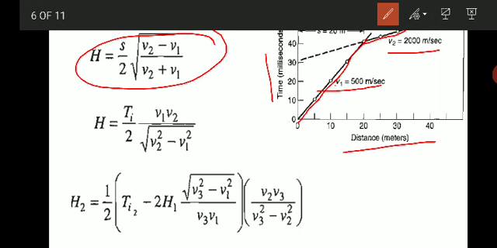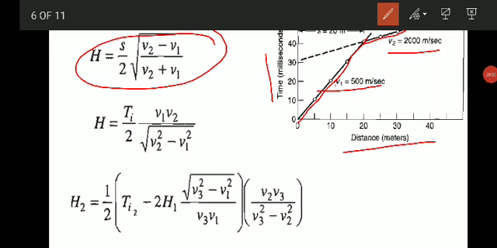The depth, which you can call h, or the depth of the first layer, you can calculate by s by 2 times (v2 minus v1) divided by (v2 plus v1). This will give us the thickness of that particular layer where the velocity is changing.